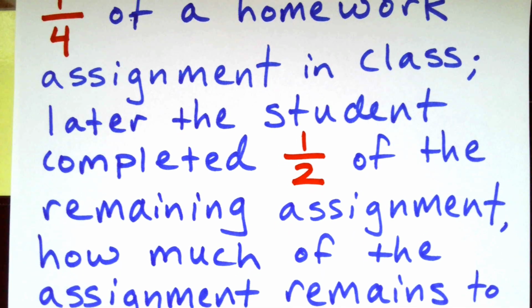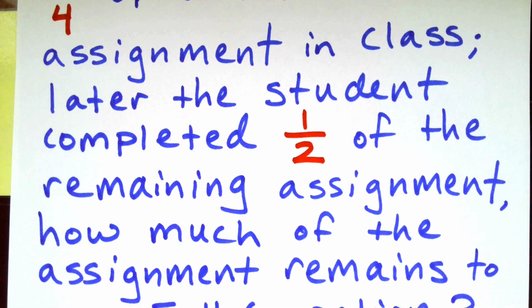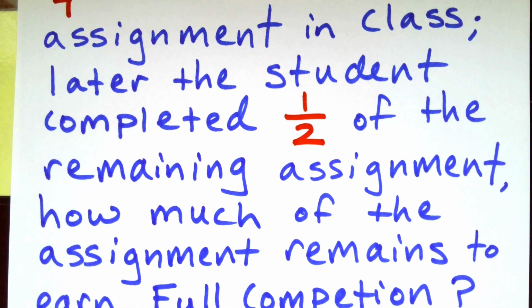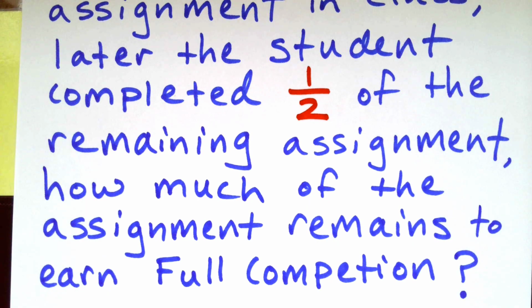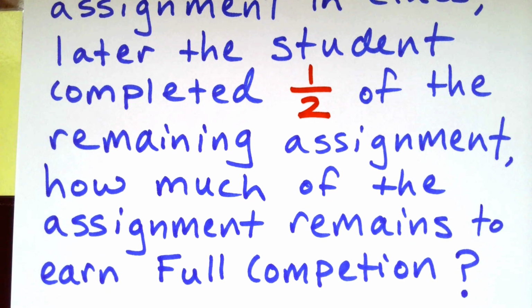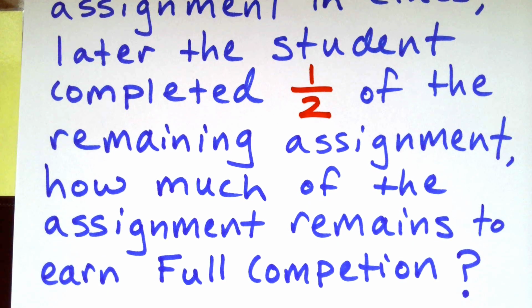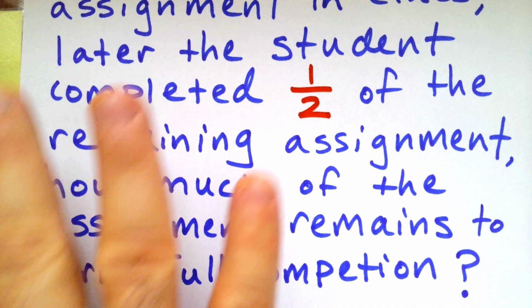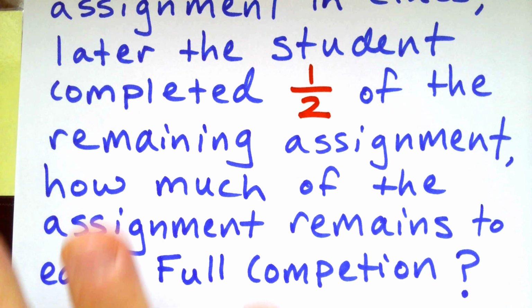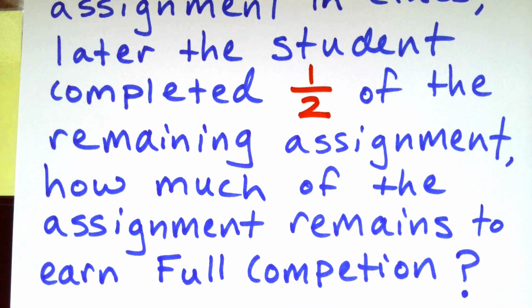So how much of the assignment remains in order to earn full completion? Now let's take a look at what it might look like if you read through it one more time, and then we'll organize the facts.